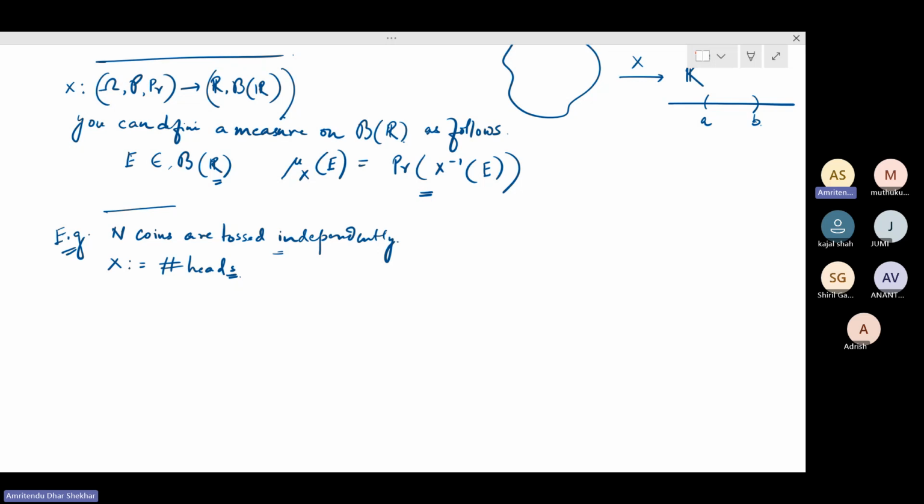For one coin, let's say the underlying probability space is H comma T. So for n coins, the underlying probability space is a product of these probability spaces. And you make this measurement x from the product of this space to a real number, which is basically the number of heads that you see.